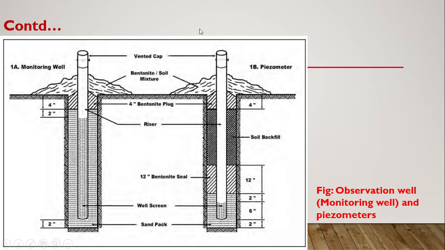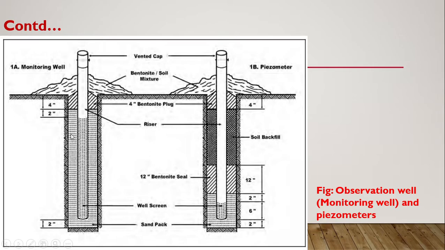So in this figure, we can see both the monitoring well or observation well and piezometers. So we can see both are same. Both are a 2.5 centimeter or 5 centimeter pipe inserted into the ground up to the water table. But the difference is, in the case of an observation well, the whole surface of the observation well will be given perforations.